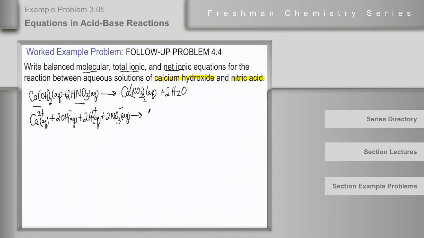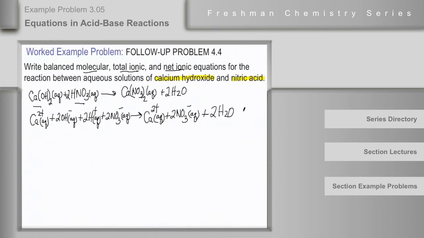Calcium nitrate among the products is a strong electrolyte. It would be calcium 2+ aqueous plus 2 nitrate ions aqueous plus of course the 2 water molecules.